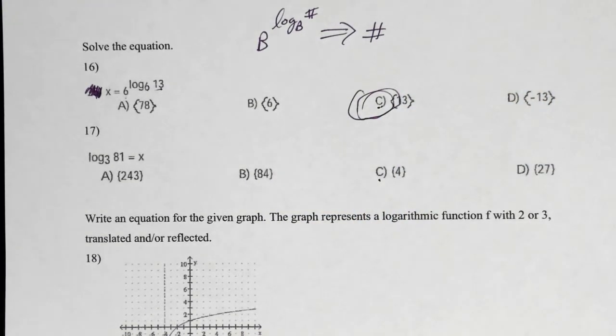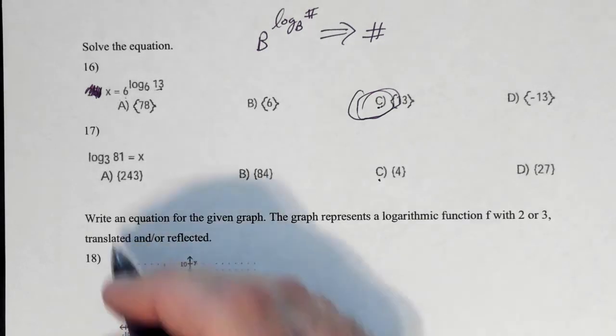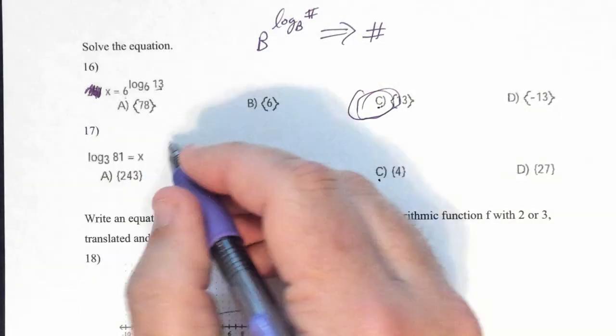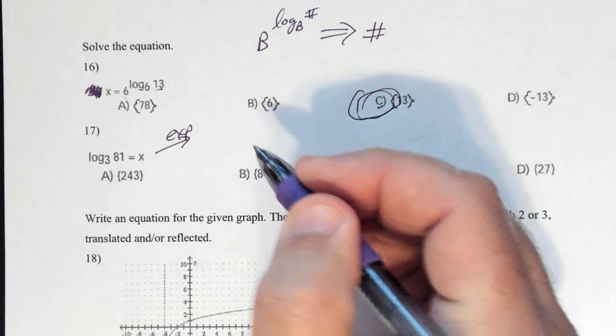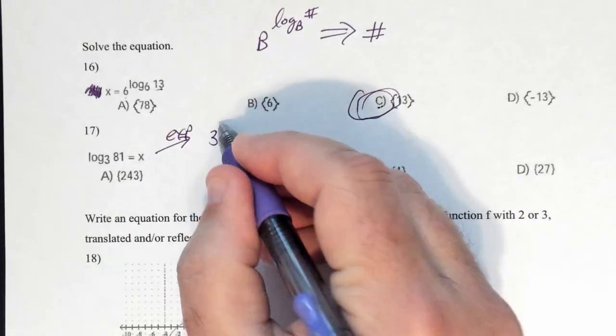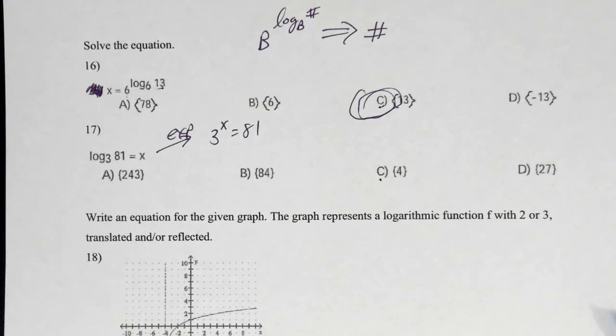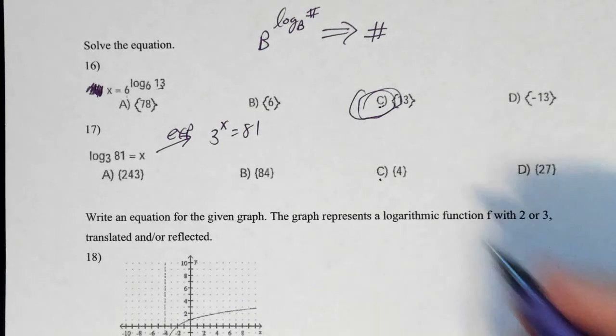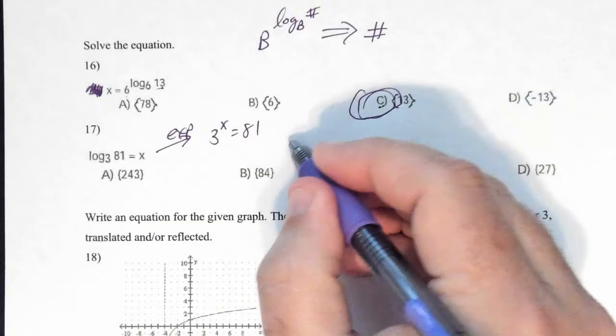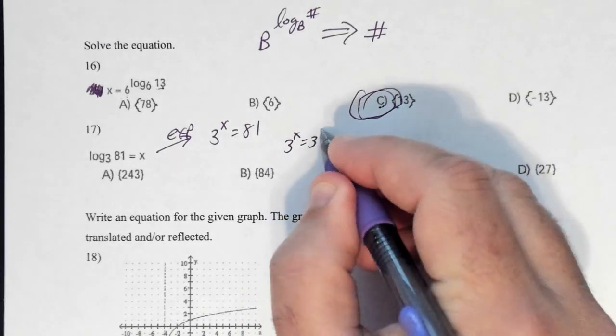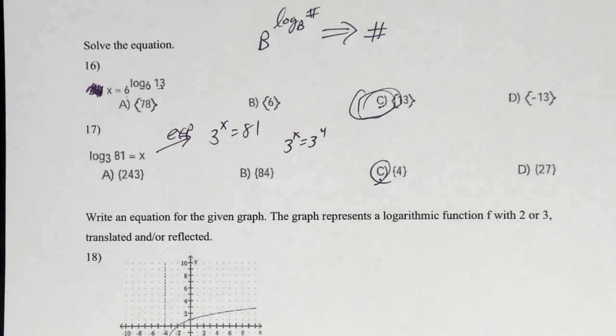And then on this one, you want to change it to exponent form. So 3 to the x is equal to 81. So what exponent of 3 will give you 81? It'll be this. And then you can do it this way if you want. Those two are always equal to each other.